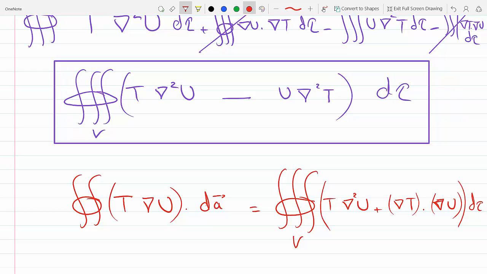So this is the critical part. Let's go ahead and use this to prove the second uniqueness theorem. That's the idea. The second uniqueness theorem says that in a volume V surrounded by conductors and containing a specified charge density rho, the electric field has to be uniquely determined if you know the total charge on each conductor.